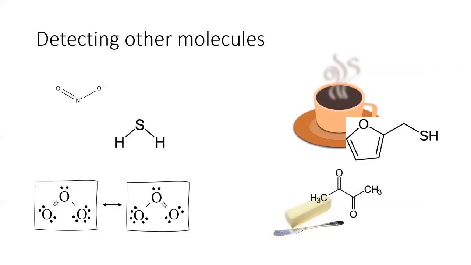Okay, so there are clearly other things in the atmosphere. There was that tiny little sliver on the pie graph that said other gases. And we know that some other things are in the air, in part because we can smell them. So this is one of the chemicals that can be found in coffee that has a very identifiable aroma.